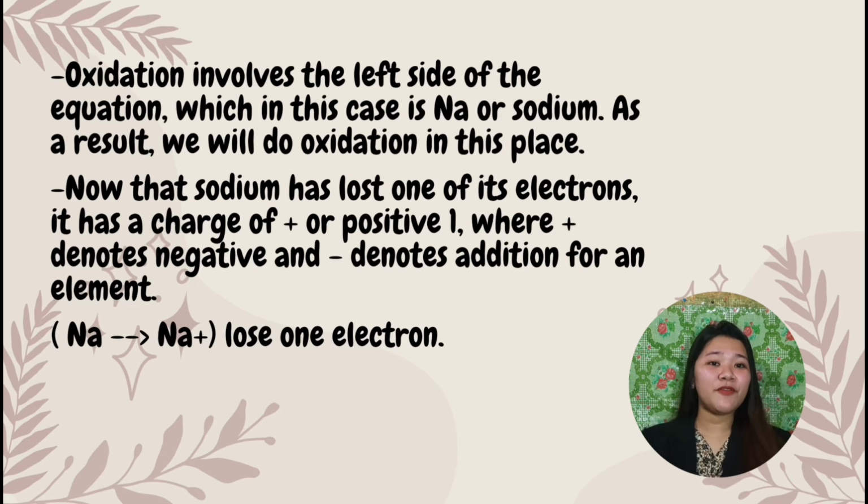As per the definition before, oxidation happens to the left part of the equation. In this case, the left part is Na, or sodium, so we will do oxidation in this part. Sodium now loses its one electron and has a charge of +1, since to lose one electron, as in charge of an element, plus indicates a loss and the minus indicates an addition.